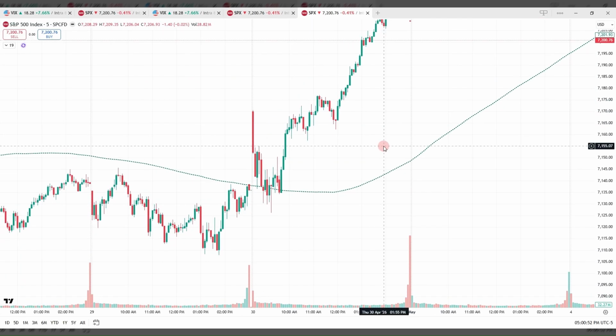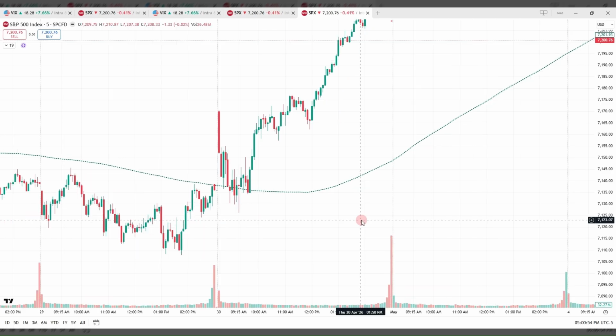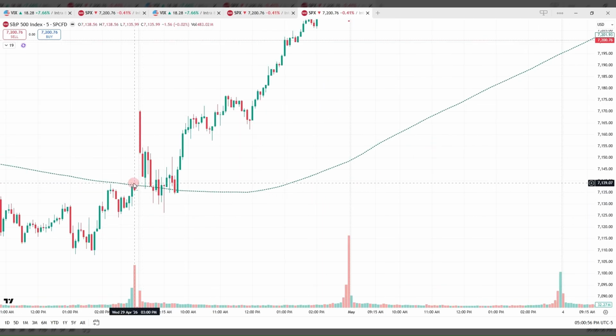So if we take a look here at Thursday, April 30th, we have our 200 period moving average on the 5-minute chart. And it's kind of directionally confused.